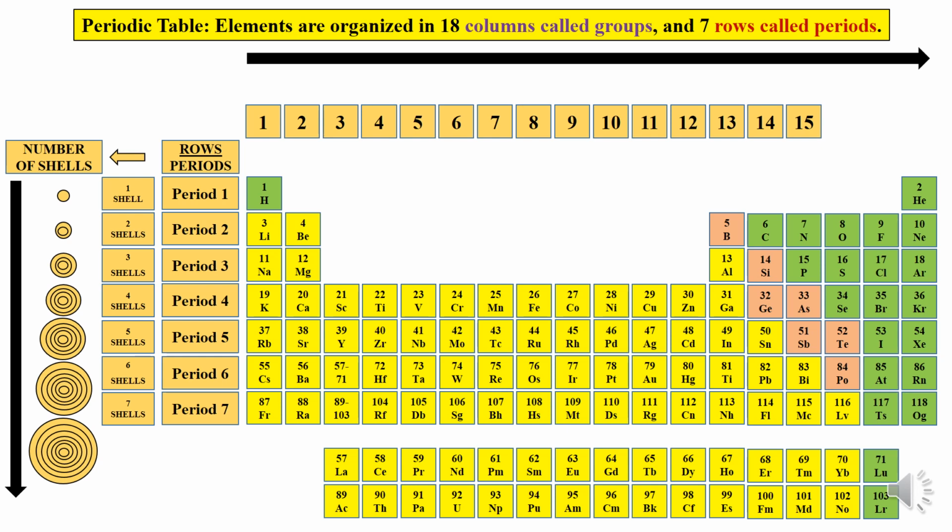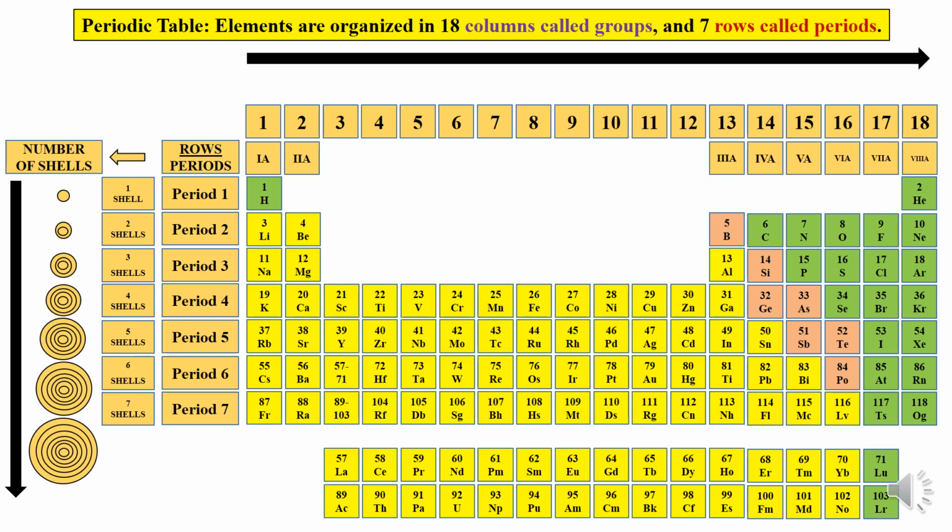So in total there are 18 columns, that is 18 groups, therefore assigned with 18 English numerals in increasing order. But we prefer the traditional numbering system using Roman numerals.